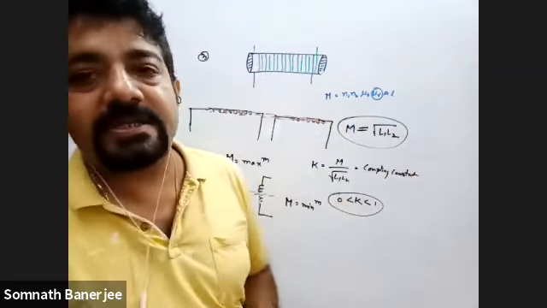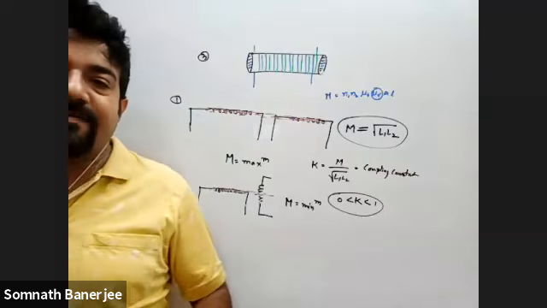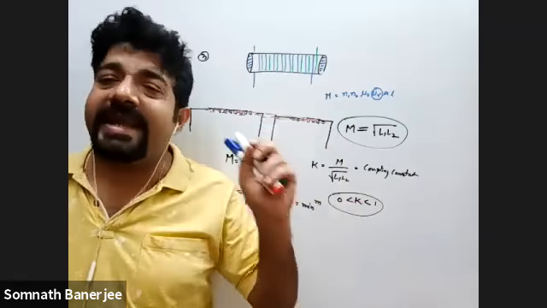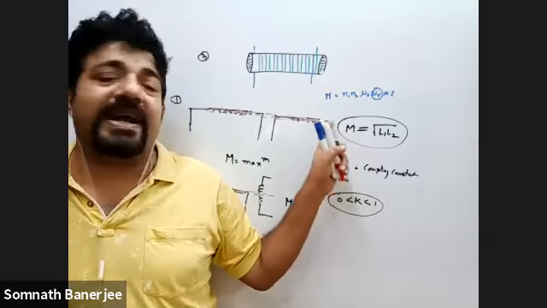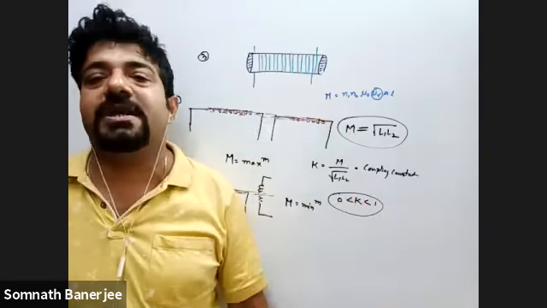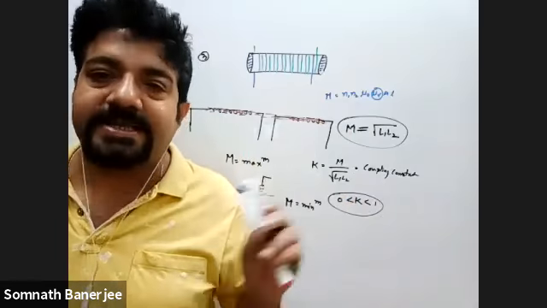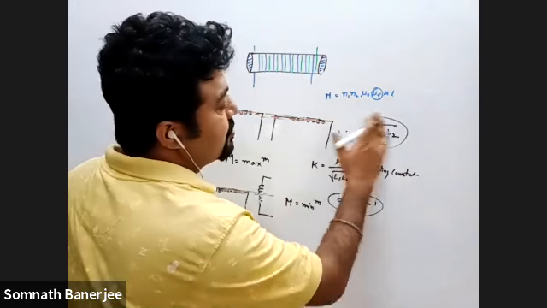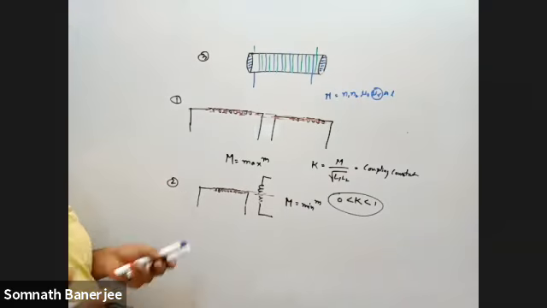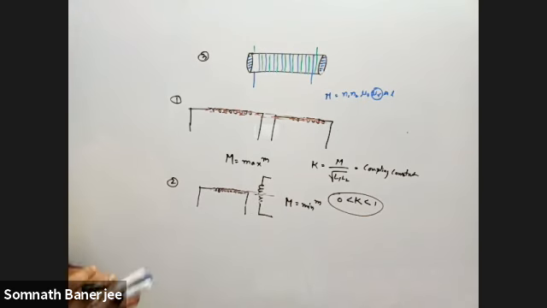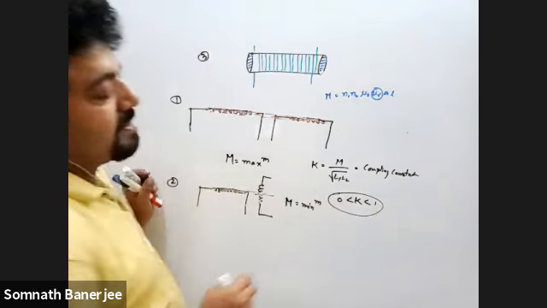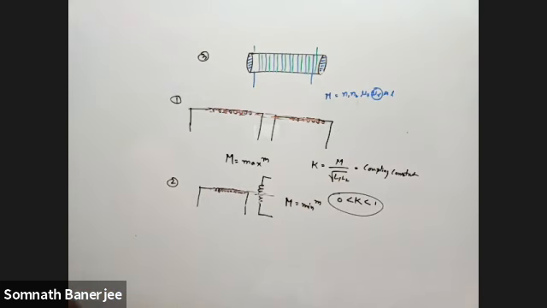Whatever you do, however perfect you make it, it's still not exact. So you are not able to get M exactly equal to root under L1 and L2. It's a little bit less, because of some leakage and so on. That's why k is neither perfectly 1 nor perfectly 0. It's always in between.